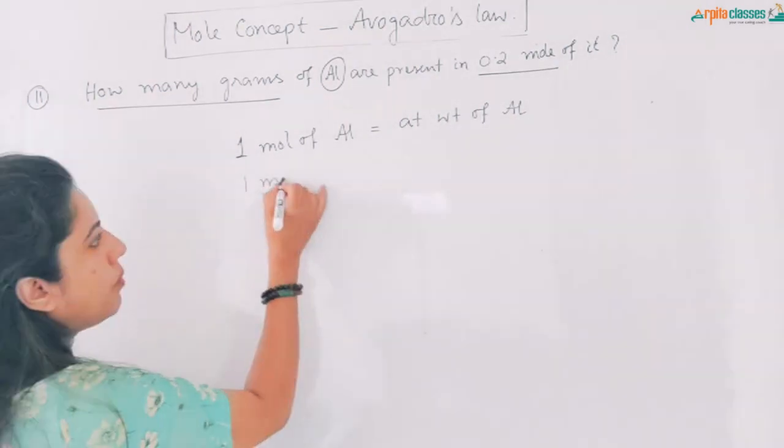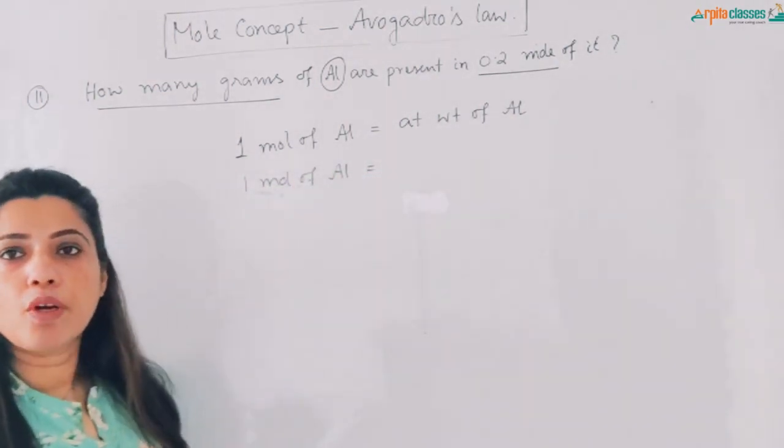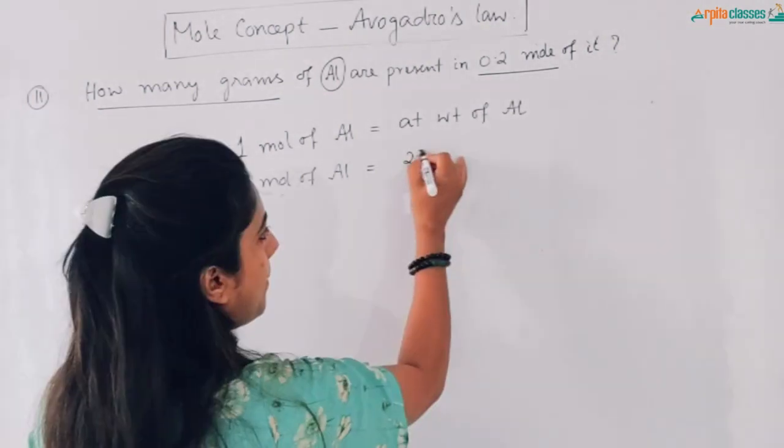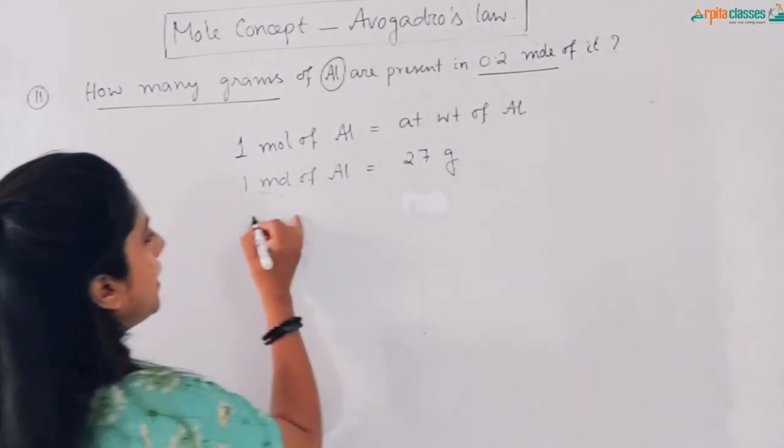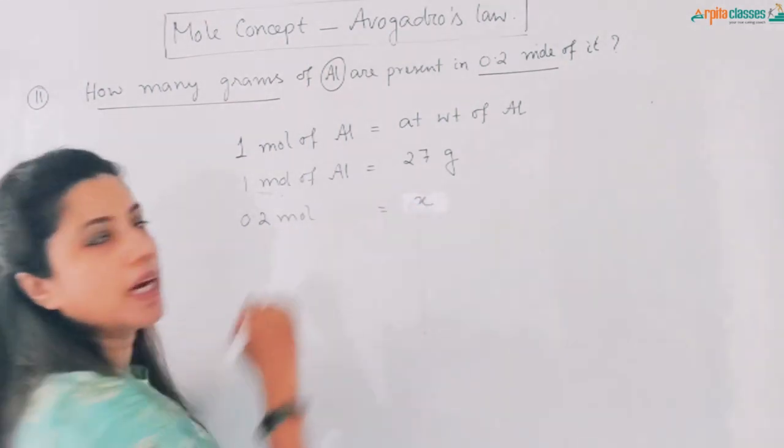So 1 mole of aluminium is equal to the atomic weight of aluminium, which is 27 gram. Therefore 0.2 mole is equal to how many gram?